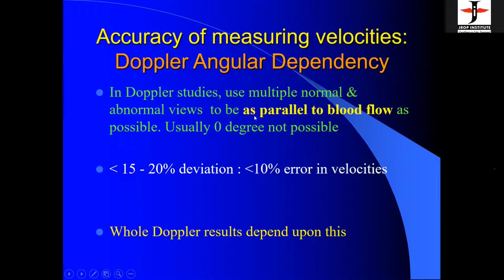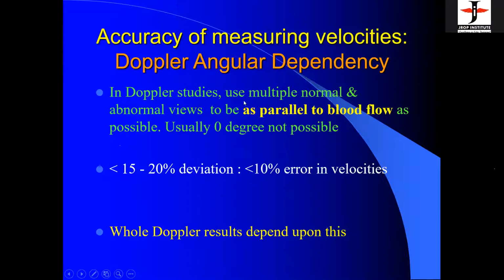And here comes the importance of color Doppler, which I told you just now. If you are just 15 to 20 degrees off, there is less than 10% error. So up to 15 to 20 degrees off angle is acceptable, but not more than that. If you are perpendicular to the structure, nothing will be seen. So whole Doppler results depend upon how parallel you are.